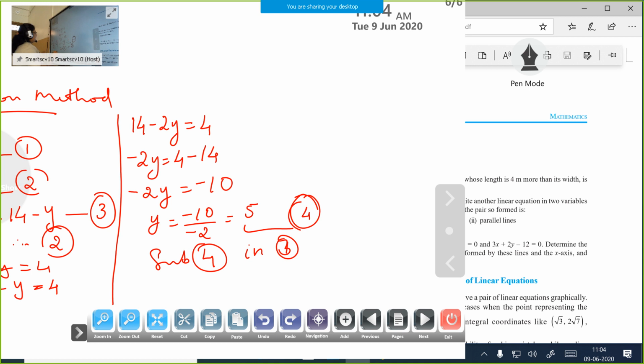Substituting 4 in 3, given that x is equal to 14 minus y, put the value of y: 14 minus 5 equals 9. The solution is x is equal to 9 and y is equal to 5.